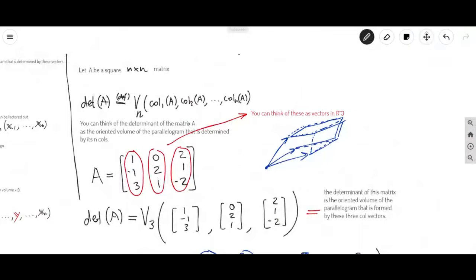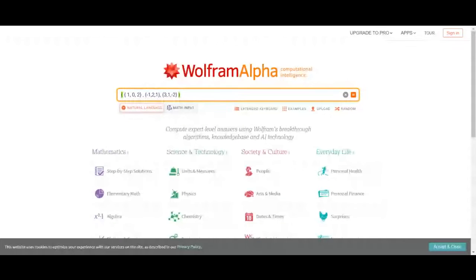you would have to input this matrix. This is your matrix. It would just input 1, 0, 2. That's the first row. Then you have -1, 2, 1. That's the second row. And then the third row is 3, 1, -2. That's the way you write a matrix for Mathematica. When you copy that, let's just see what the calculation is. And it should be equal to -19.